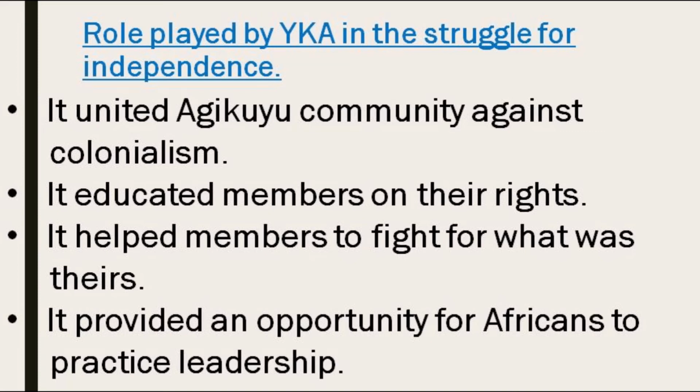It educated its members on their rights and helped them to fight for what was theirs. And finally, number 3, it provided an opportunity for Africans to practice leadership. Many African leaders gained their leadership skills through the activities of the association.